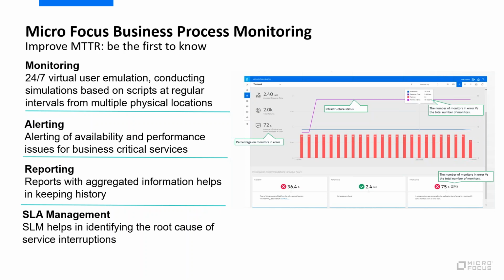SLA management is another feature where no other competitive product has it as of now. So APM has it, where we can create our own SLAs depending on the customer's requirements, and we will agree with any customer who is defining them.